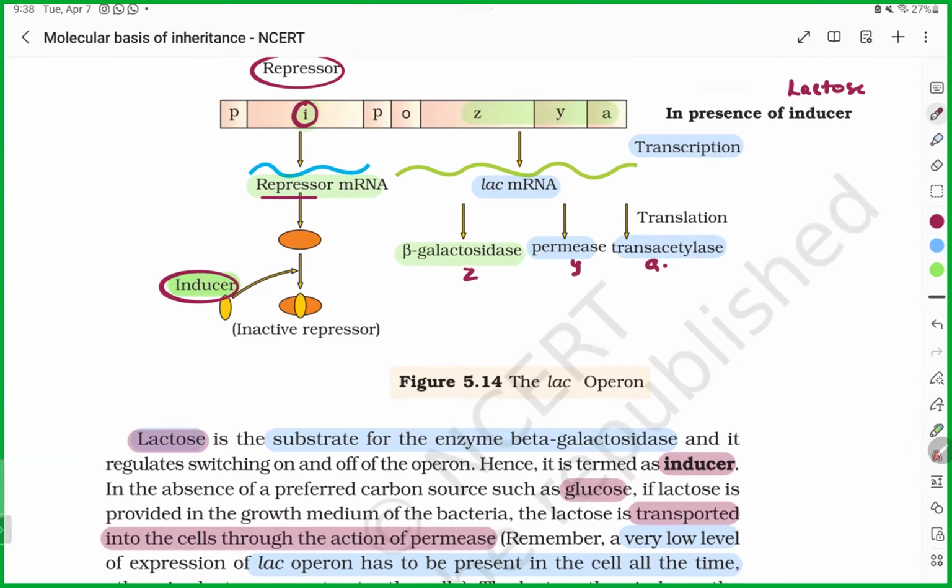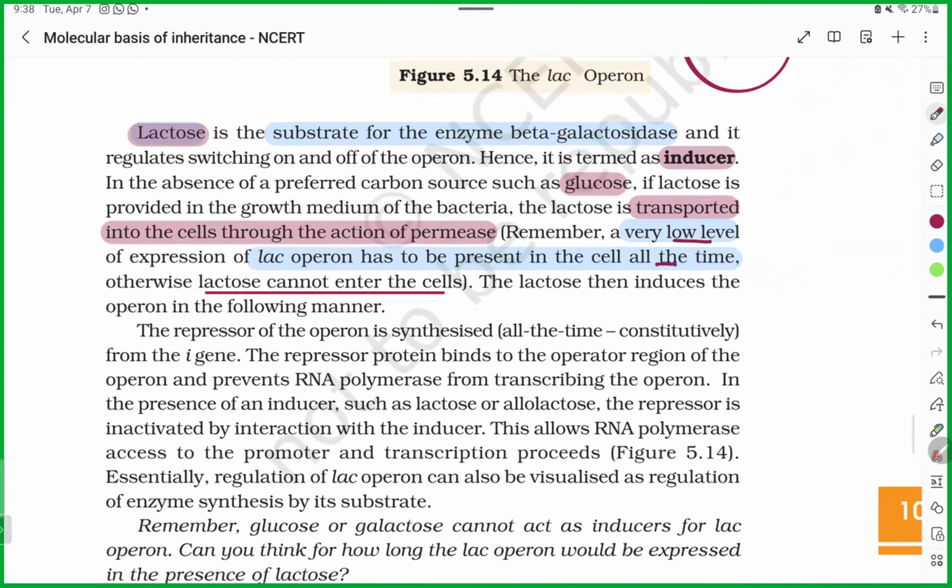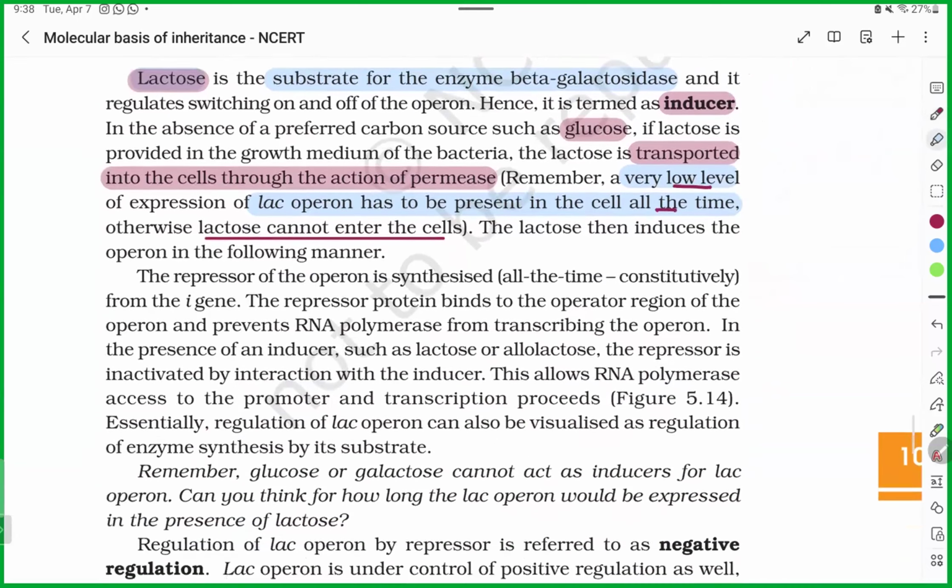If we had not allowed lactose entry in the first place, this would never get activated. If lactose does not enter, there is no activity at all. So there should be a low level of expression all the time, otherwise lactose cannot enter the cell. Lactose will activate the process and the further process will happen.